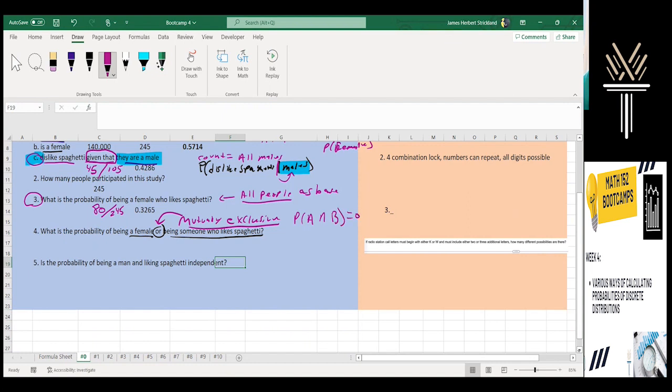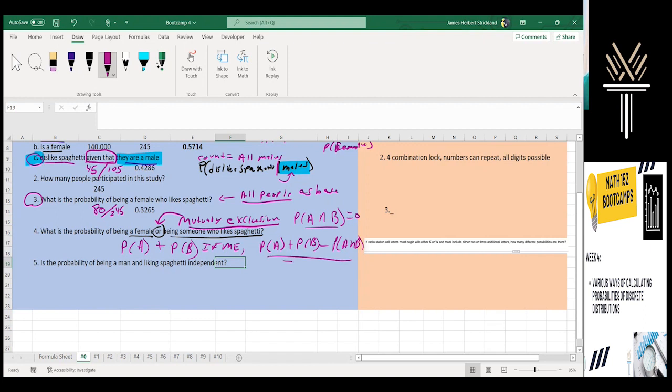If it's 0, then all you have to do is take the probability of the first event and add it to the probability of the second event. If it's not mutually exclusive, then we're going to do the probability of the first event plus the probability of the second event minus the intersection, that statement up here, minus the probability of A and B.